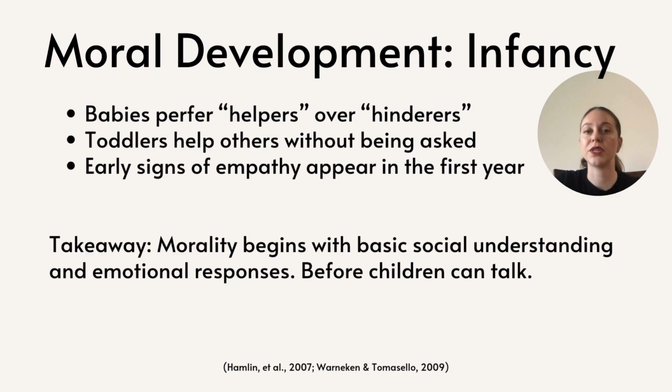Another research study, done in 2009, showed that toddlers will help a stranger without being asked. If an adult accidentally drops a clothespin, or struggles to open a cabinet, the toddler will waddle over to help pick it up or open that door. What's fascinating is that without the expectation of a reward, it appears to be an intrinsic drive to be useful to other people.